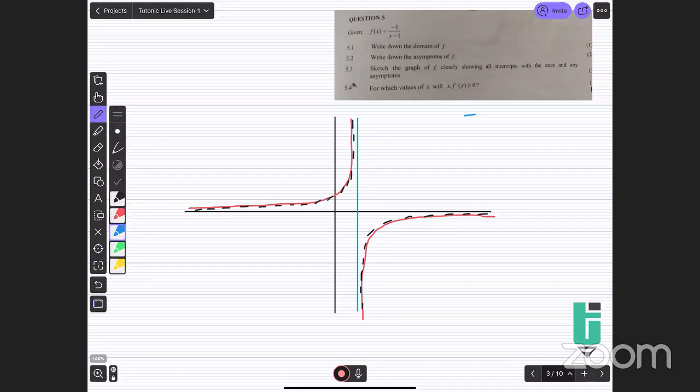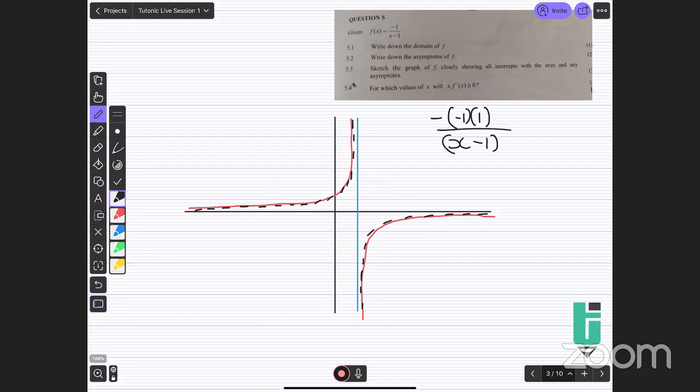If I remember correctly, it's u dash, so it's 0 times, minus u, which is minus 1, times the derivative of that, over x minus 1 squared.